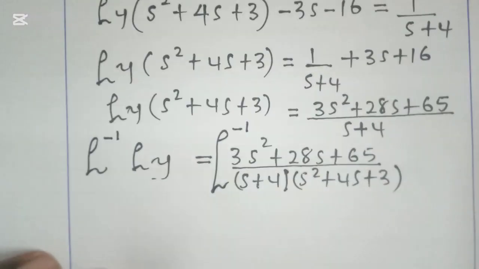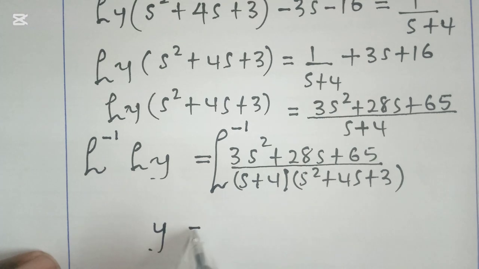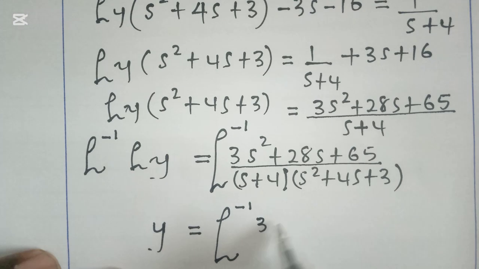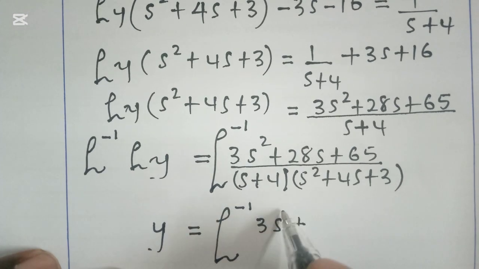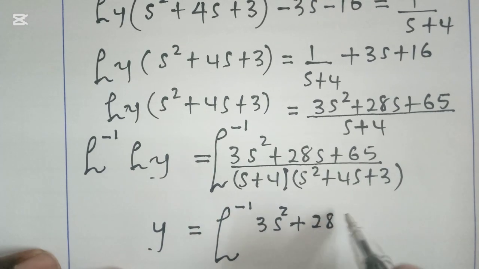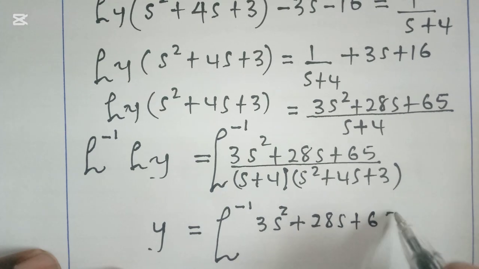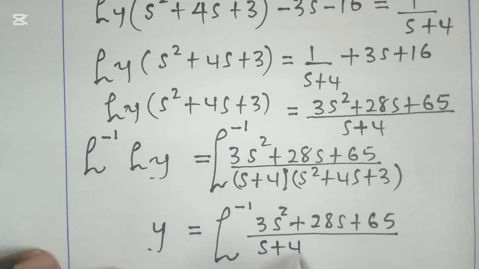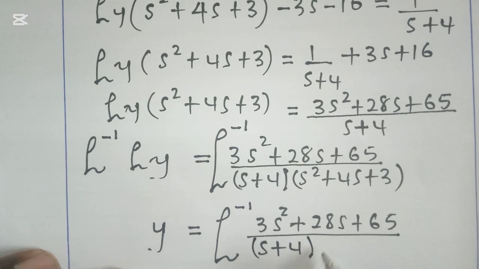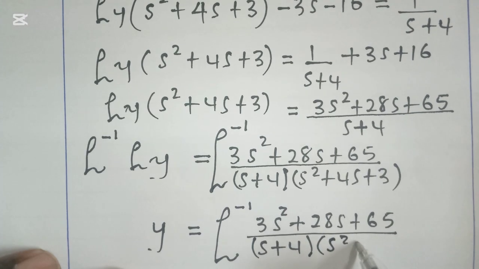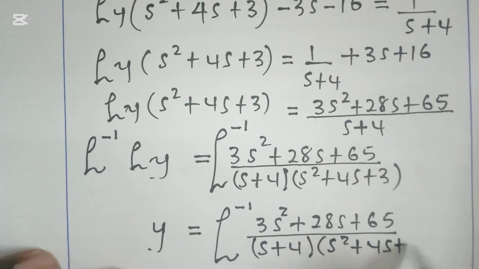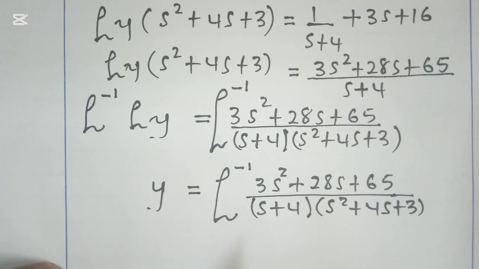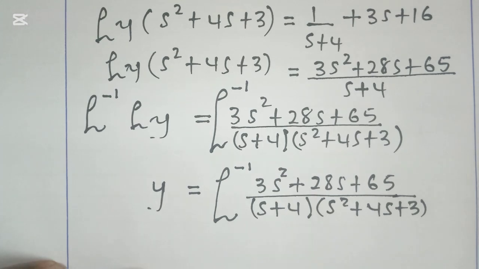And so we are left with y on this side, and then we do the inverse Laplace transform on this side, which I can write like that: 3s squared plus 28s plus 65 all over s plus 4 times s squared plus 4s plus 3. So this is what we are going to look for, that is the inverse Laplace transform for that.